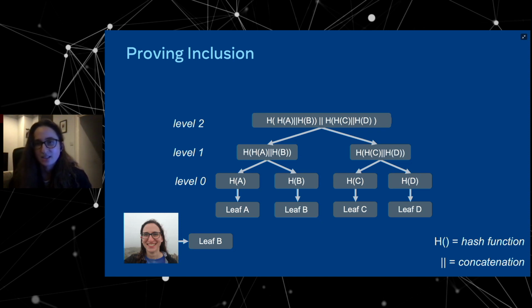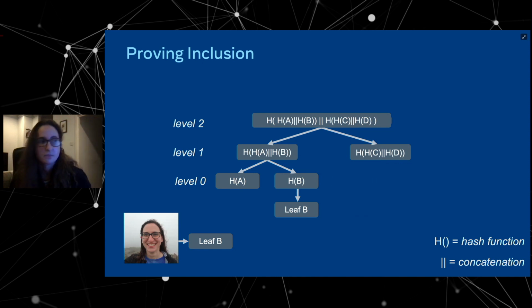In order to validate the inclusion of leaf B, we just need the bits of the tree required to traverse and construct the root node. With the root node constructed, we can then compare it to the source of truth root node and see if it's the same. So we don't need everything here to traverse to the root node. What we really need looks more like this.